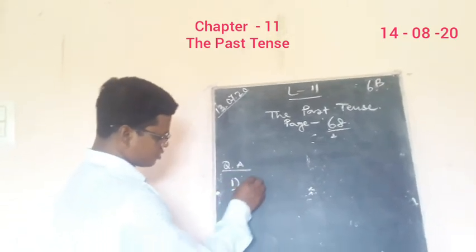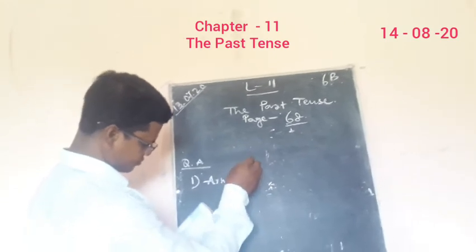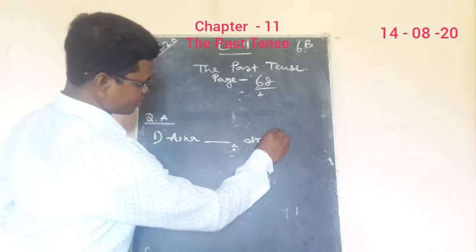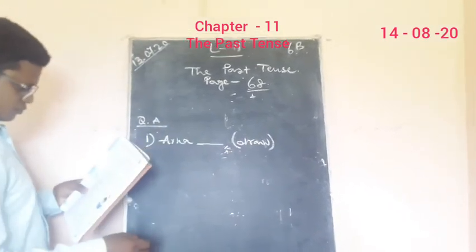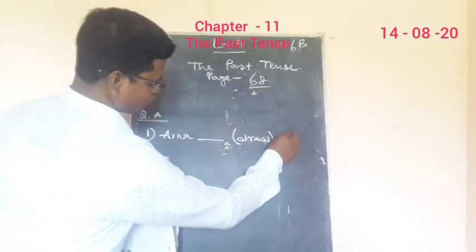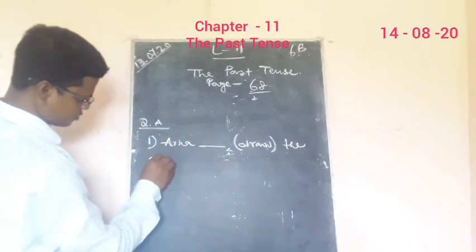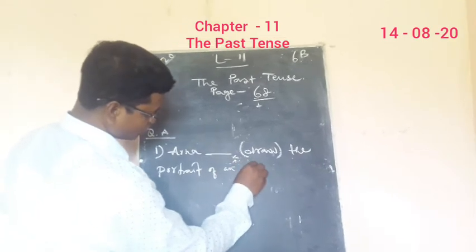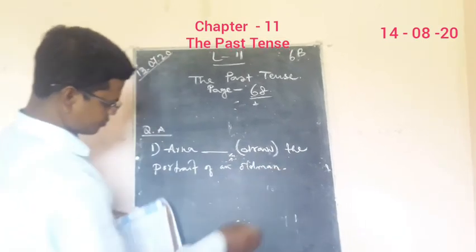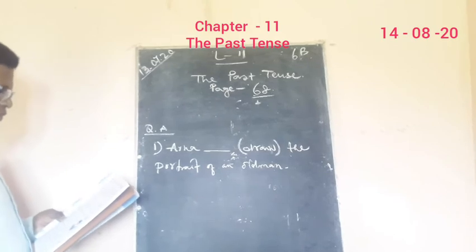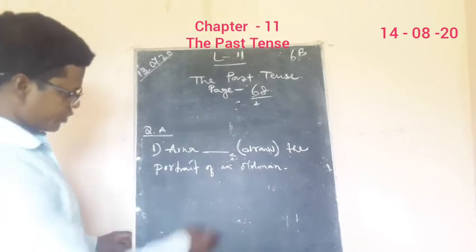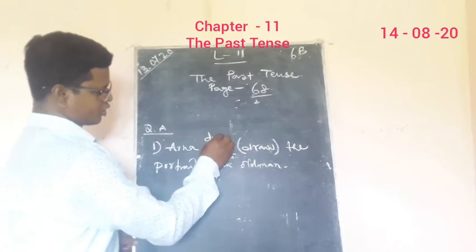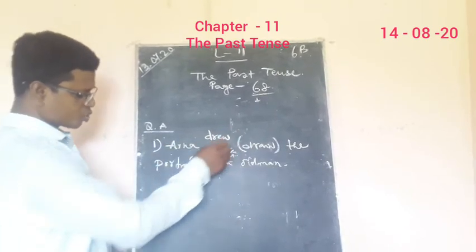So number 1, Anna, dash, within the bracket the verb is draw, the portrait of an old man. So here we have to use the past tense of the verb draw. It will be drew. So Anna drew.